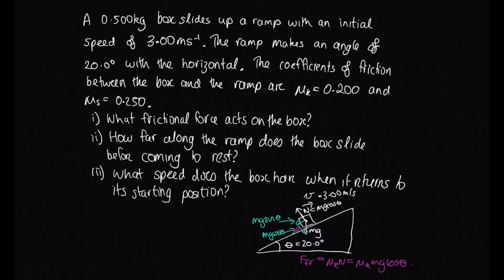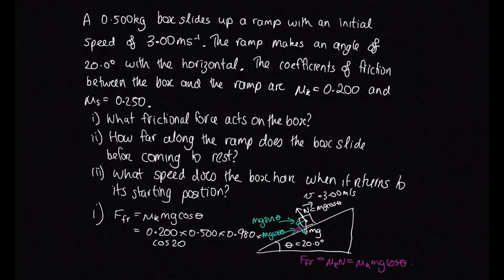Okay, so in part 1, we're asked what frictional force acts on the box. So we can now calculate it because we've just said our frictional force is equal to mu k times mg cos theta. And we have values for these. So we've got 0.200 times the mass, which is 0.500, times 9.80 times cos of 20.